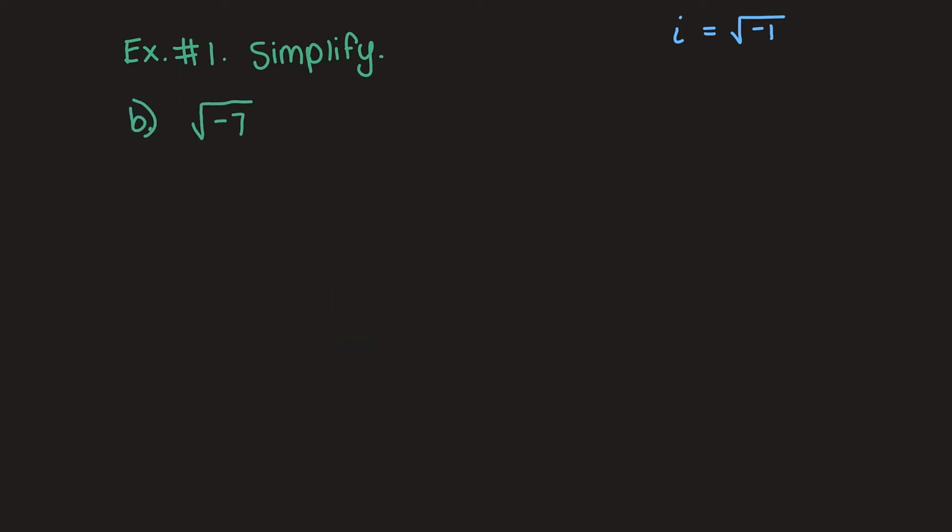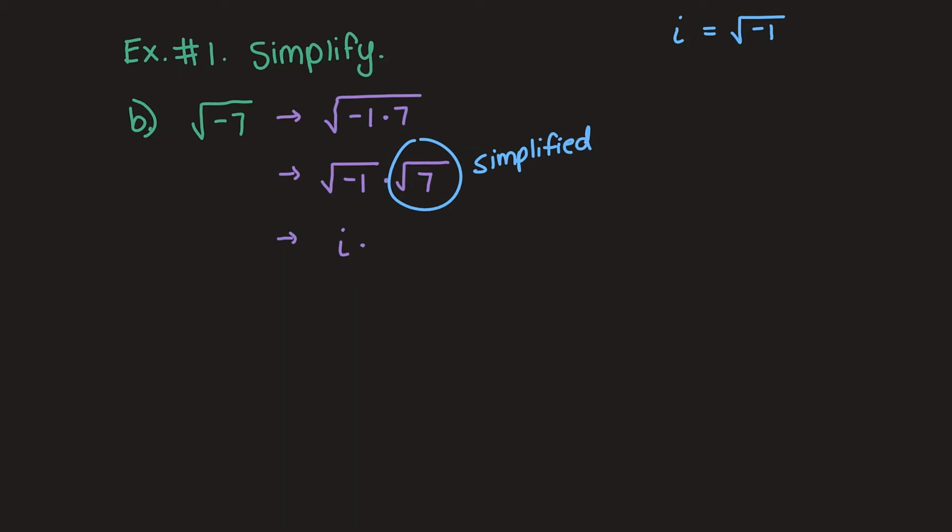For the next example, since we have a negative number in our square root, this will also not equal a real number. We're going to get a complex number again. So we can rewrite the expression as the square root of -1 times 7 and use the product rule. The square root of -1 can be rewritten as i, and the square root of 7 is already simplified, so we can leave it as a radical.